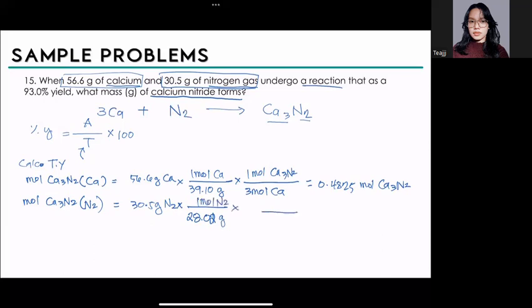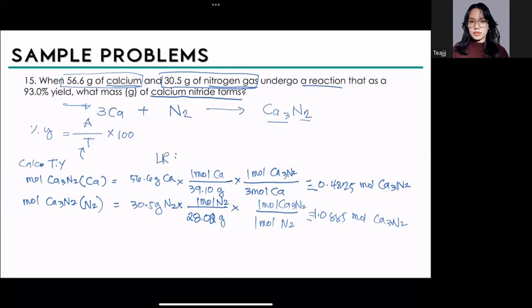And then based on our balanced chemical equation, 1 mole of N2 is equivalent to 1 mole of calcium nitride. Calculating that, you will get 1.0885 moles of calcium nitride. Okay? Then, we now know kung saan yung limiting reagent natin. Ang layo ng dalawa, di ba? Isa 0.4, isa 1.08.